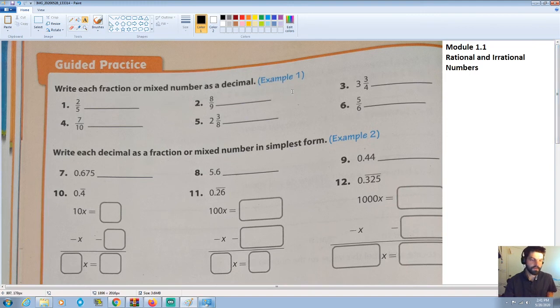Okay, so starting with question number 1, the directions tell us to write each fraction or mixed number as a decimal.